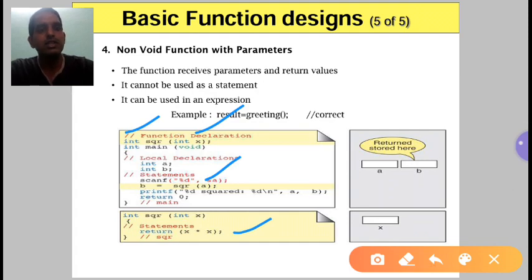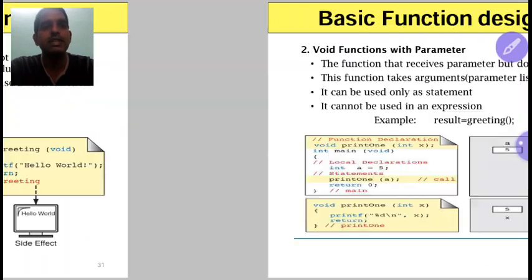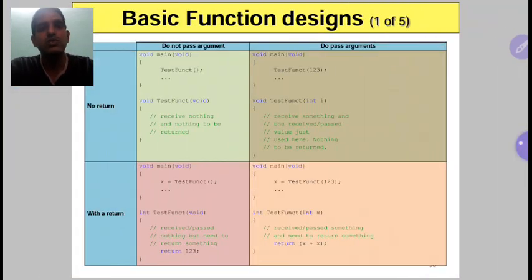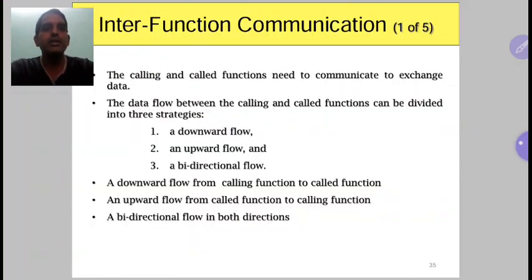So this is the fourth design where you have both the parameters and return types. These are the four basic function designs that you can use in any program based upon your perception of your problems.